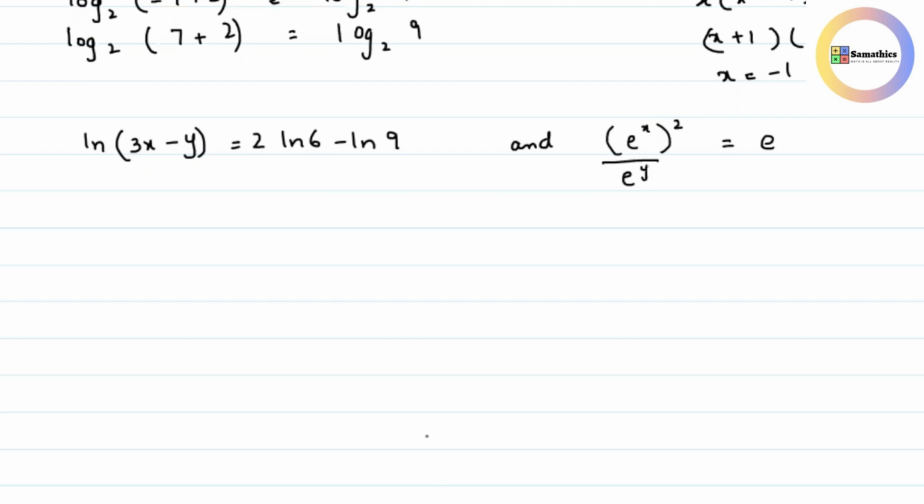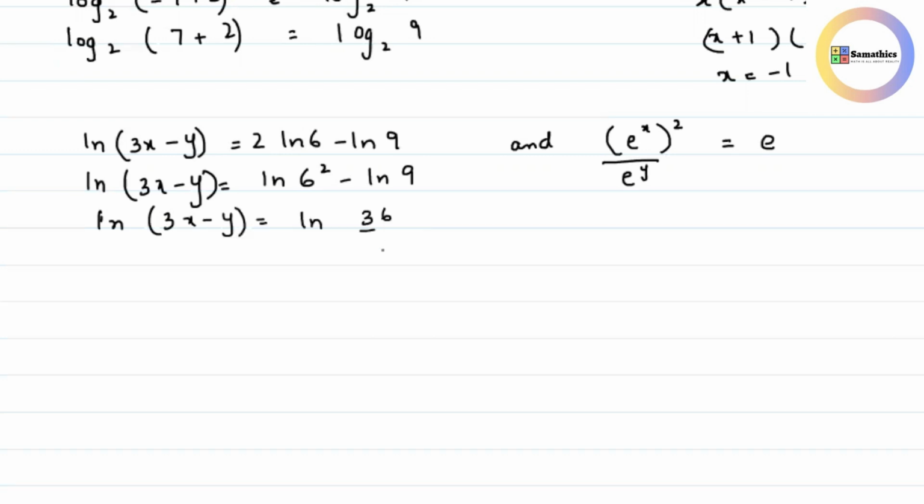Now first of all, you have to make two equations. Whenever there are simultaneous equations, you have to make two equations, in this one without ln and in this one without e. In this case, you have to write it as a single logarithm: ln(3x minus y) is equal to ln 6 squared minus ln 9, and then ln(3x minus y) is equal to ln(36 upon 9).